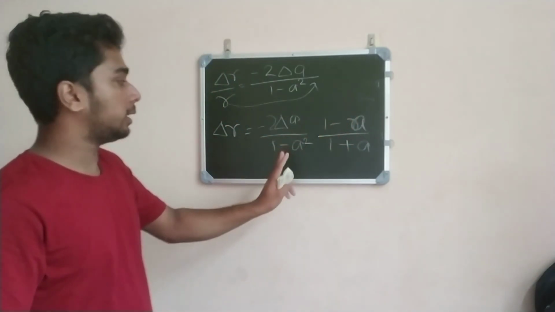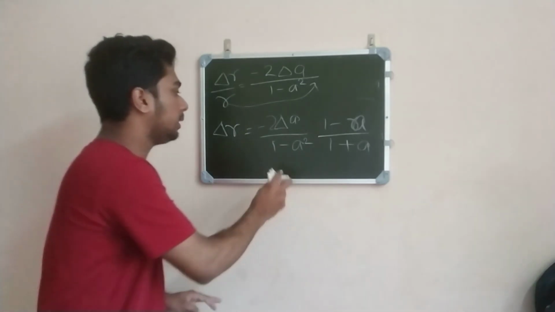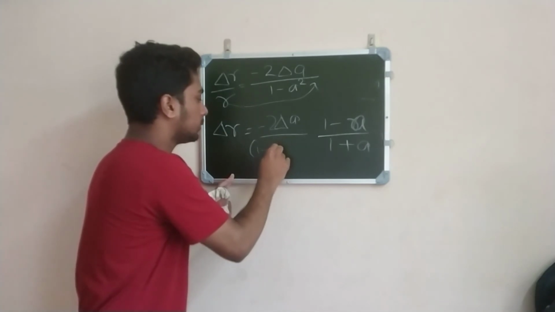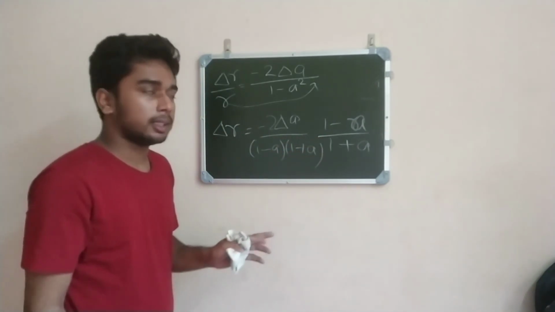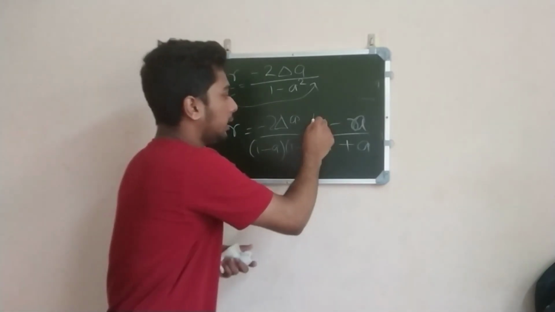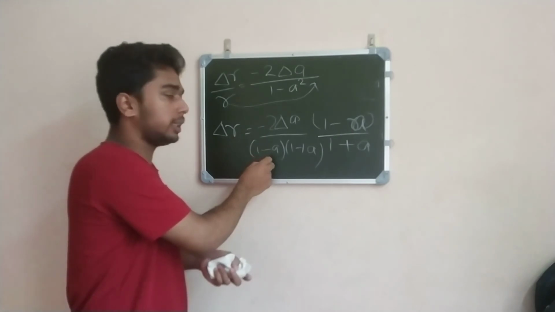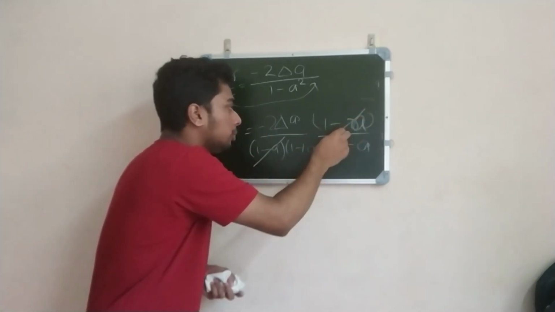Also, 1 minus a squared I can write in the form of (1 minus a) times (1 plus a). You can see here that 1 minus a appears in the numerator, and 1 minus a appears in the denominator. That is why they will cancel out.